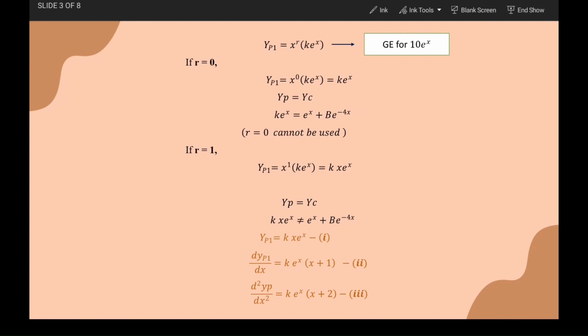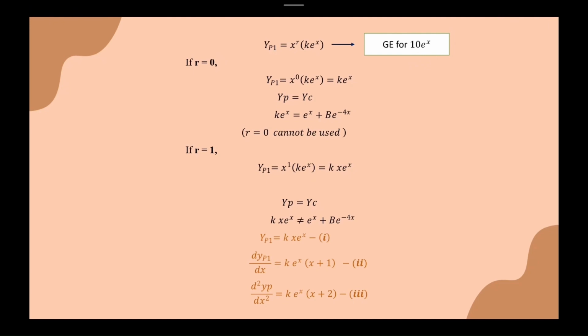Now we need to determine the general equation for e to the power of x. Based on the notes given by the lecturer, we have referred to this table. It states that the general equation for e to the power of x is yp1 equals x^r times k e^x. So this is the general equation for e to the power of x.